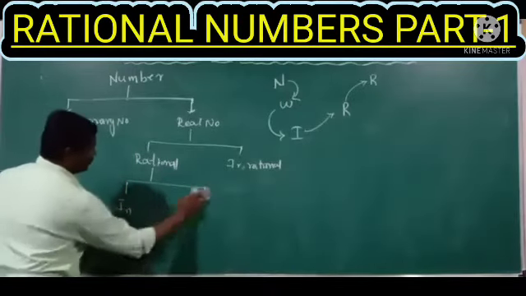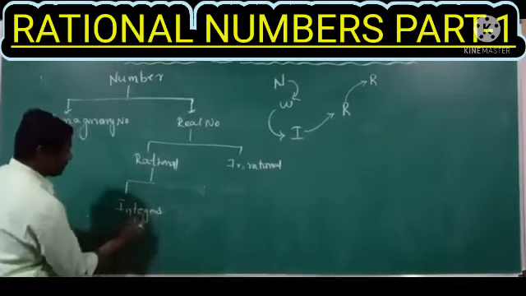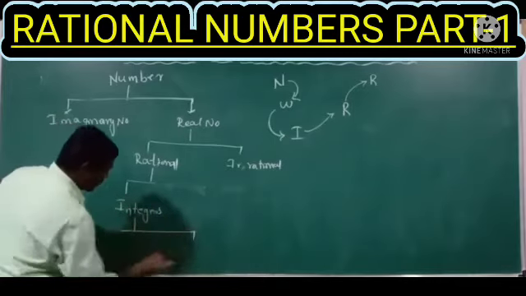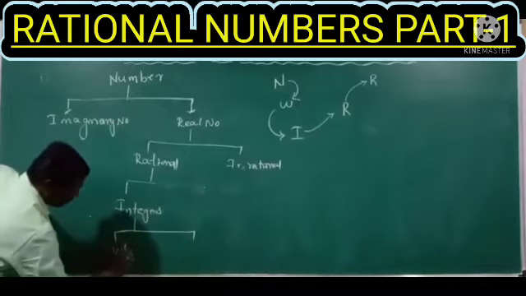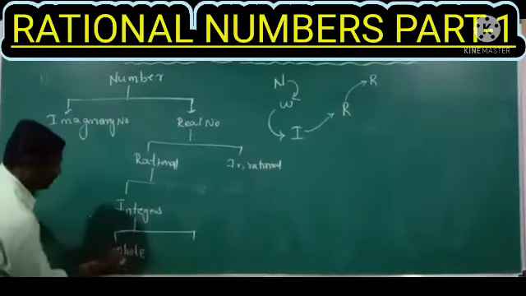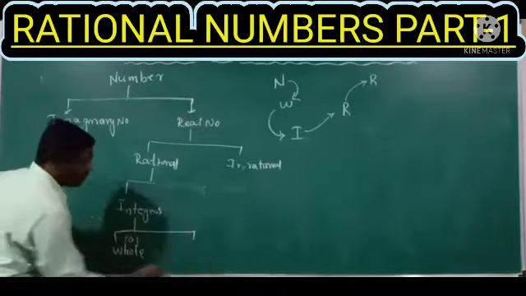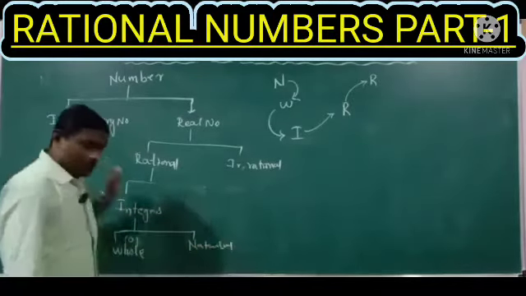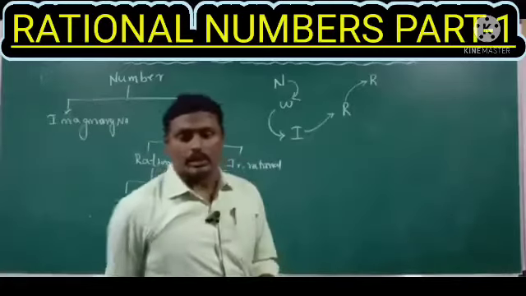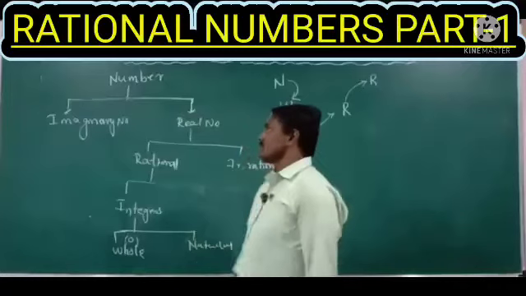These rational numbers again we divide into integers, and these integers we divide into whole numbers. If it includes 0 it is a whole number. If it starts from 1 it is a natural number. Right? So this is the symbolical representation of the number system.